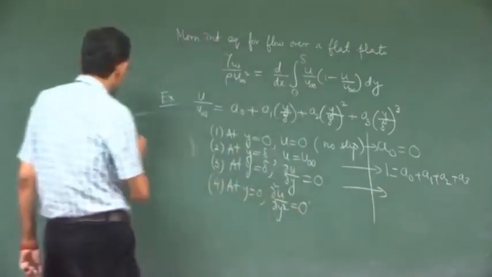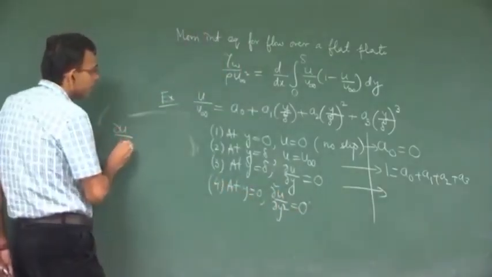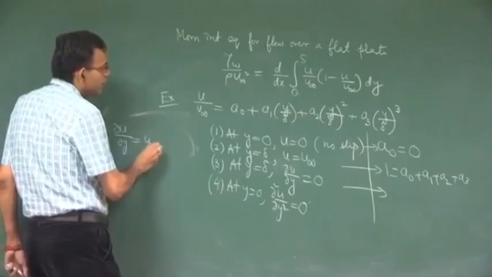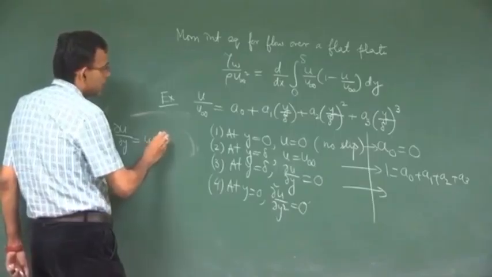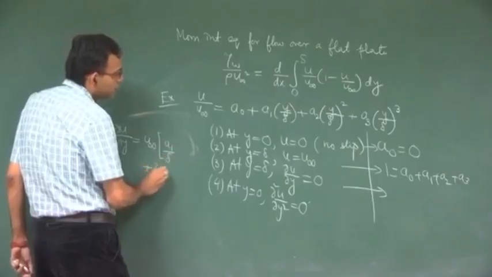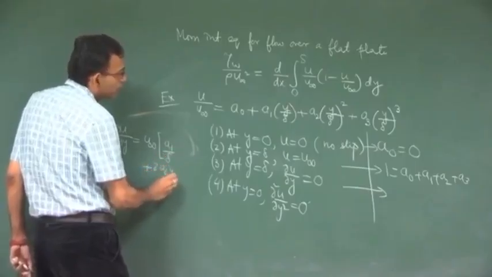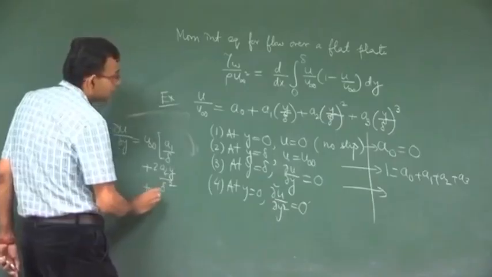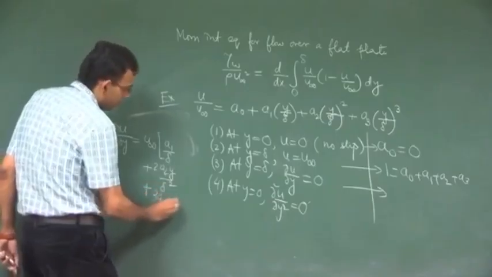So, let us calculate what is del u del y. It is u infinity times A1 by delta plus 2 A2 y by delta square plus 3 A3 y square by delta cube.